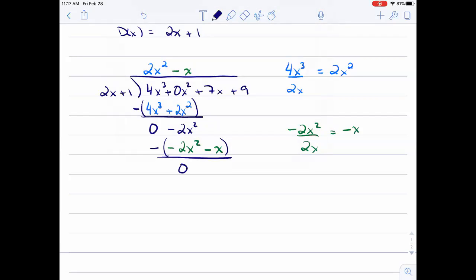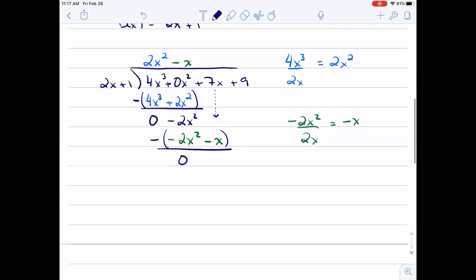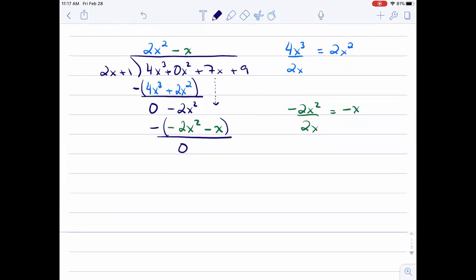But now this 7x is the one, so 7x minus negative x is plus 8x. Just remembering that you're pulling down that 7x there. So I'll do a dot, dot, dot down there just to show where it's coming from. But 7x minus negative x is plus 8x.